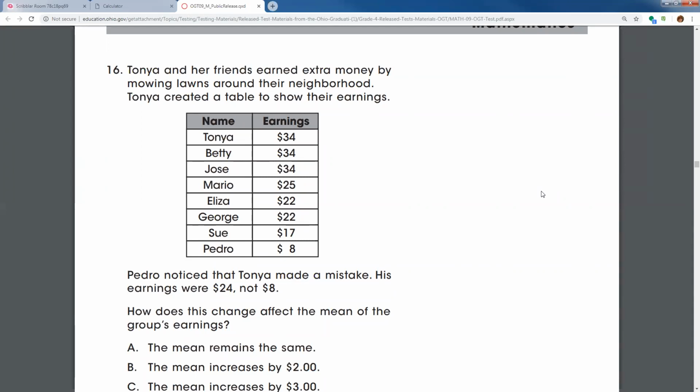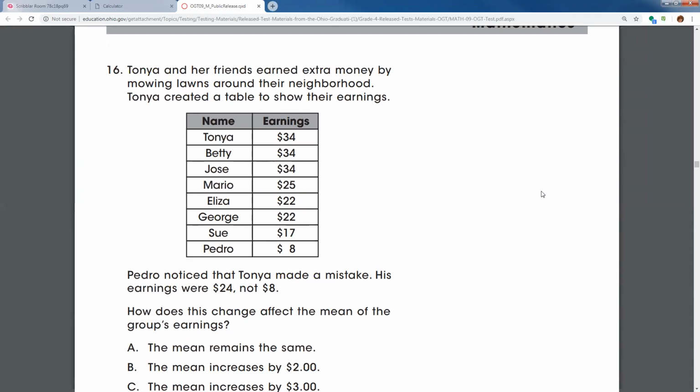How do we find the mean? When you find mean, which is the math word for average, how do we average that? Good.